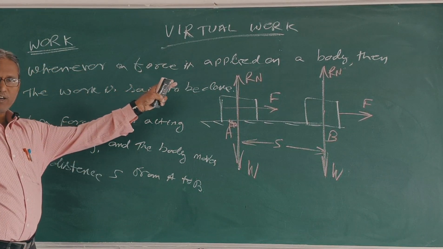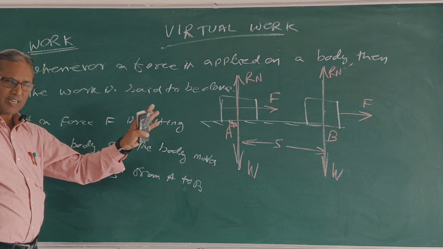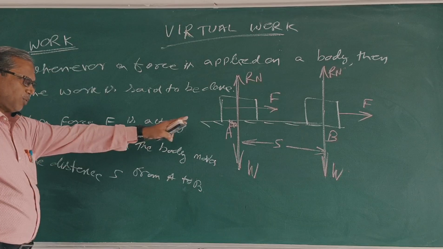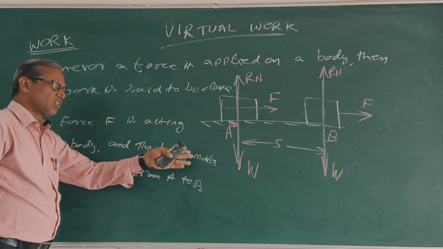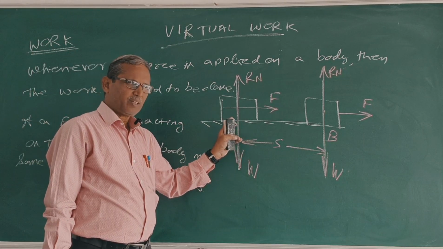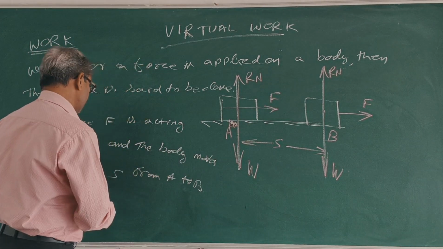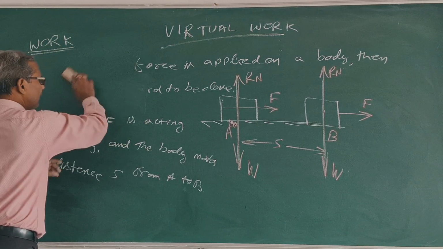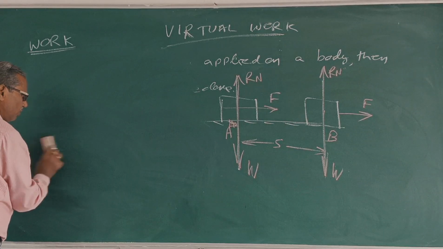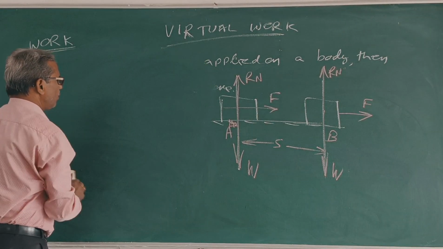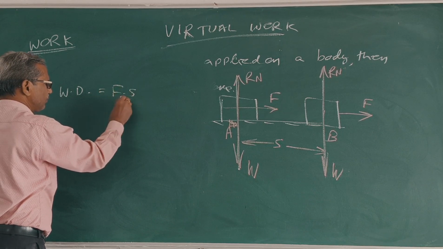Whenever a force is applied on a body, then the work is said to be done. Clear? If a force F is acting on the body, as a result of this force the body displaces from A to B through distance S. So what is work done? Work done is equal to F into S. Clear?